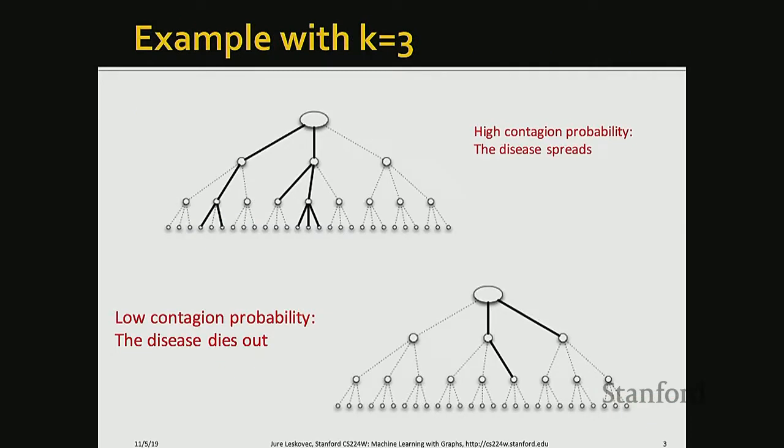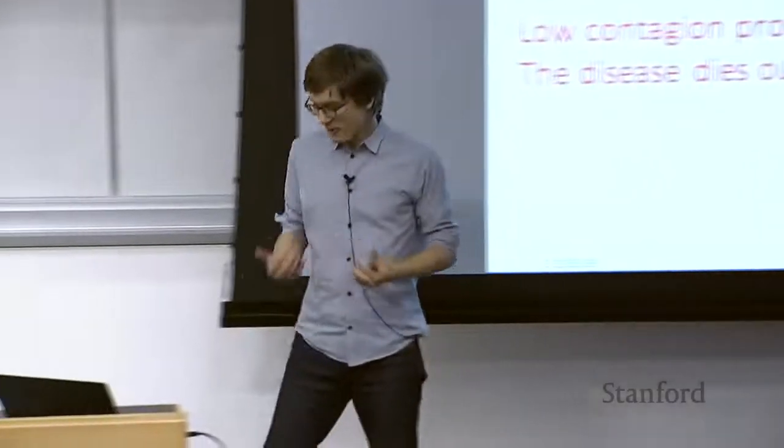Then we will have this notion of virality, where a given disease starts with a given node, a given patient in the network, and then the process spreads. We'll be interested in knowing: could this process run indefinitely long? Or perhaps the disease is not really contagious, so it spreads a bit and then dies out. That's one of the main questions.